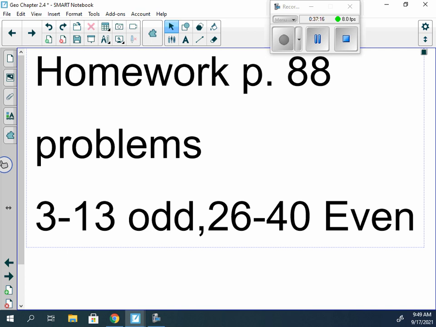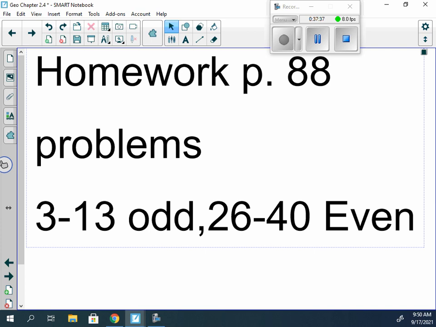For tonight's assignment, you're looking at 3 through 13 odd. Number 3, you're just justifying the steps. They already have it written out for you. You're just justifying each step through. 5 through 13, solve the equation and justify your steps.